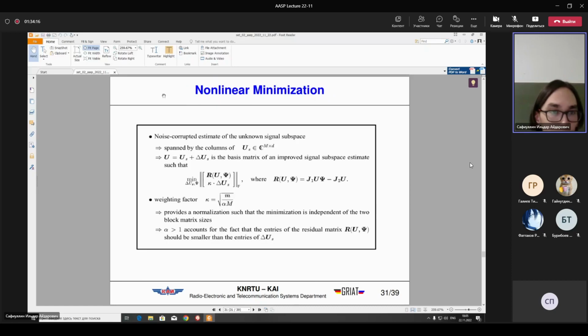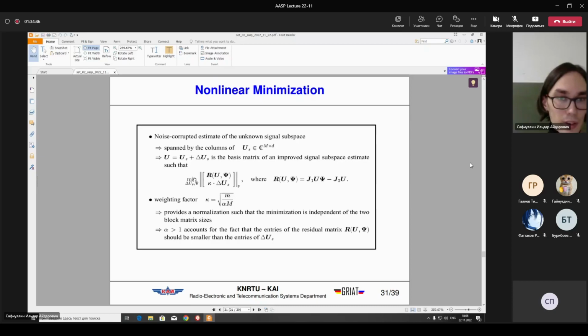In this case, we assume this noise corrupted estimation of the unknown signal source space, which is spanned by the columns of U sub S, and we introduce this error for this U sub S.